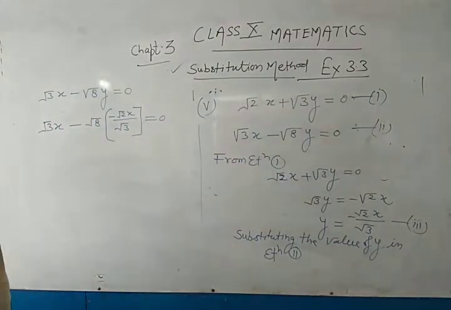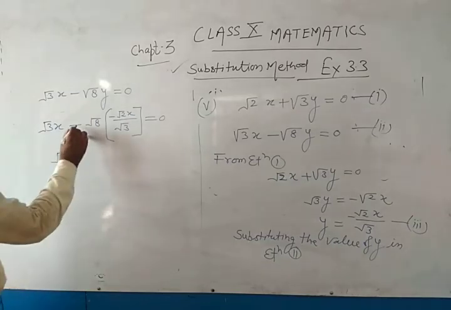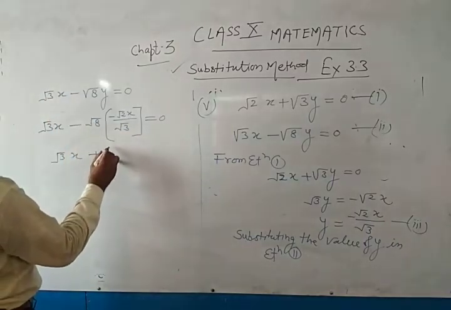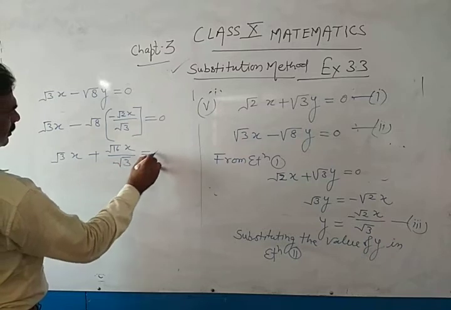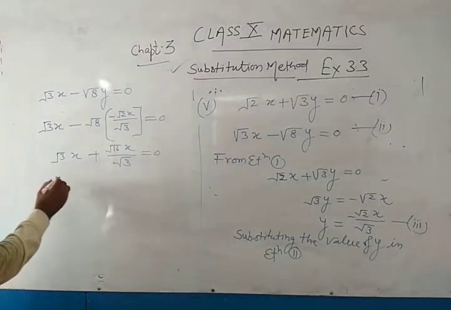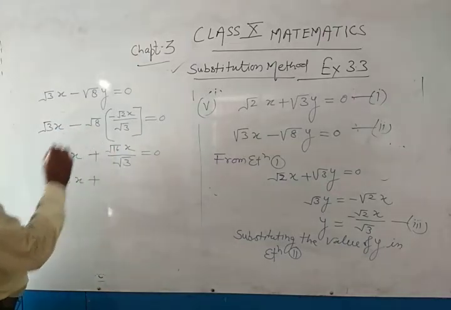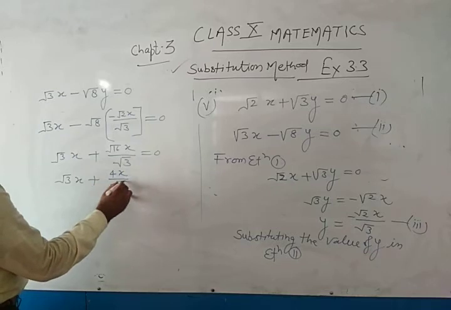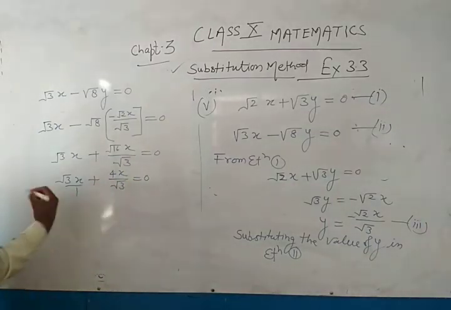Now, students, we can write this as root 3x plus root 8 and root 2, that is root 16x upon root 3 is equal to 0. Now here we can write root 3x plus square root of 16 is 4, 4x upon root 3 is equal to 0. Now we can take LCM.